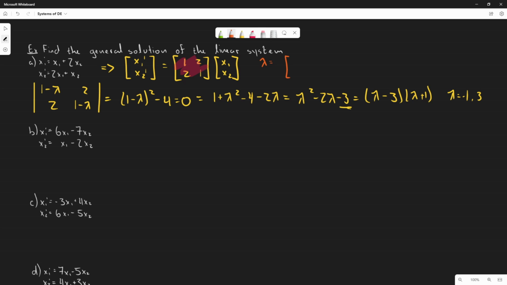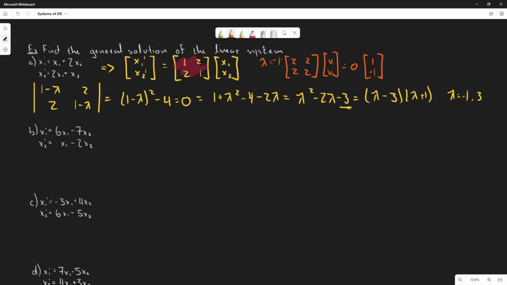So now when lambda is equal to negative 1, we get 1 minus negative 1, which is 2. So 2, 2, 2, 2. And we want to multiply it by some eigenvector, v1, v2, such that this would be 0. That makes our eigenvector just 1 and negative 1.